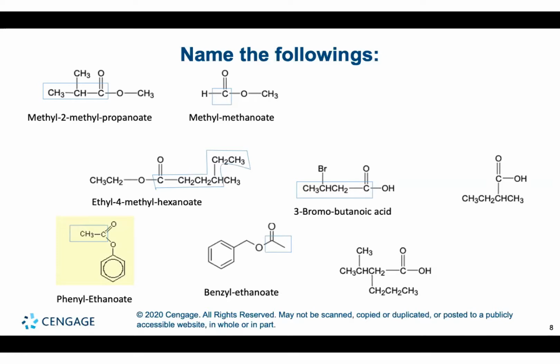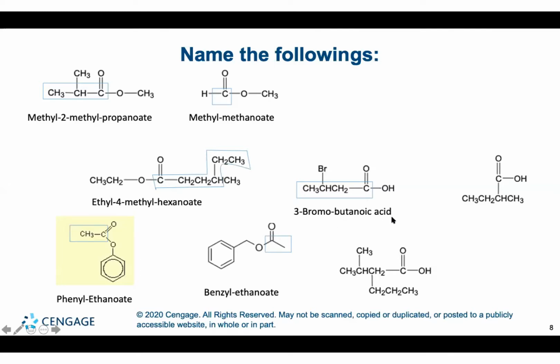When we are naming carboxylic acids and derivatives of carboxylic acid, this is also true for amides. Whenever we want to name carboxylic acids and derivatives of carboxylic acid like esters, anhydrides, and also amides, we always start numbering from the carbonyl group.